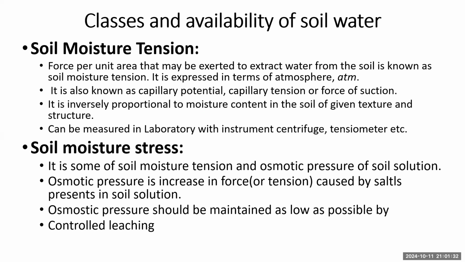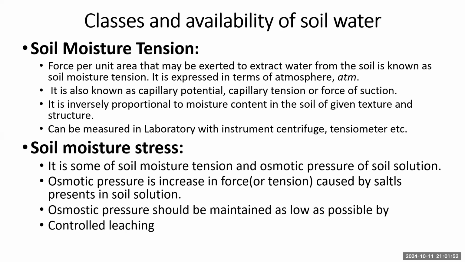So the force per unit area that may be exerted to extract water from the soil is known as soil moisture tension. And this soil moisture tension is expressed in terms of atmosphere, ATM.